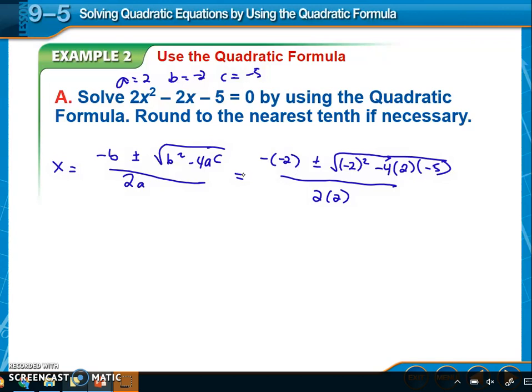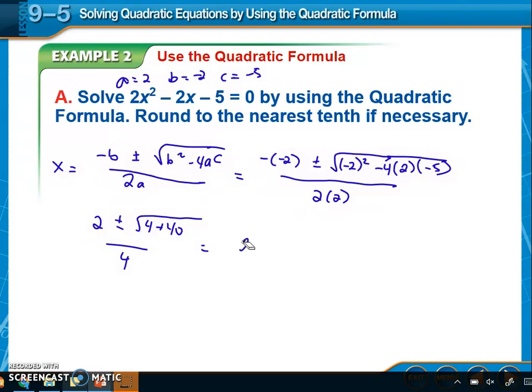Simplifying, negative negative 2 is positive 2, plus or minus. Negative 2 squared is 4. 4 times 2 is 8 times 5 is 40, and there's 2 negatives, so it's going to become positive, so plus 40. And we are dividing by 4.